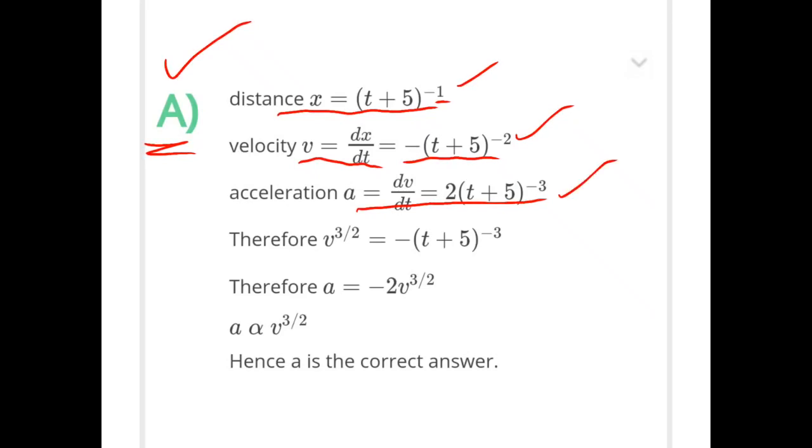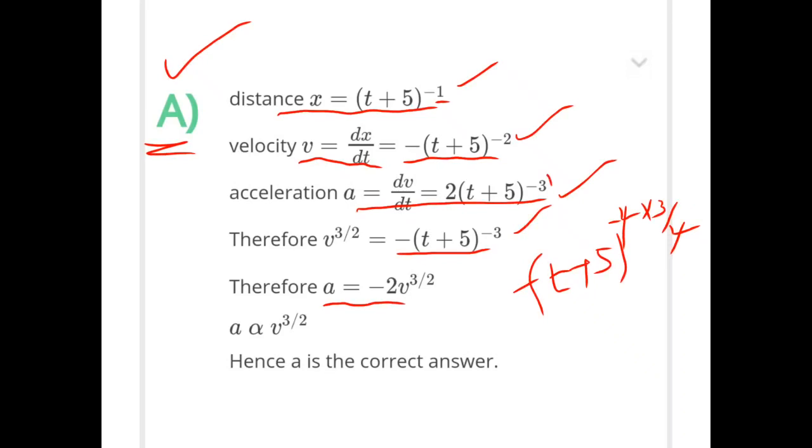Here v power 3 by 2. V, you know, is minus (t plus 5) whole power minus 2, so into 3 by 2. So what happens? These two cancel. So you will get minus (t plus 5) whole power minus 3. So here a is equal to 2 times (t plus 5) whole power minus 3.